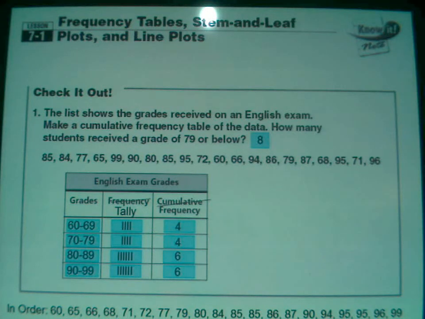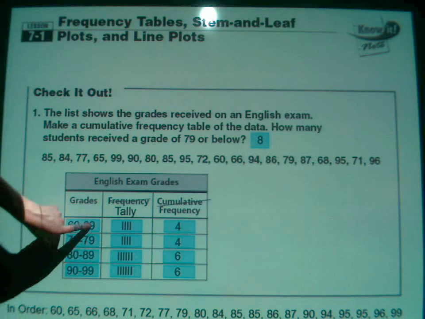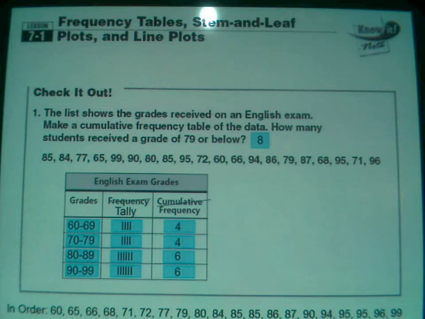One of the things that you probably caught on to is that these first set of numbers here all end in 0, and the second set of numbers here all end in 9. That's actually a very simple way to keep track of the different groups. Okay, so then as you can see at the bottom of the screen, the numbers are in order. So I went through and put tally marks to represent each number in the system.